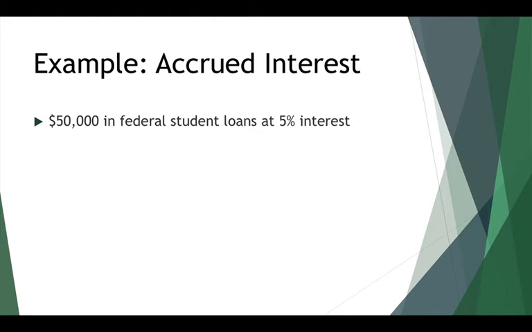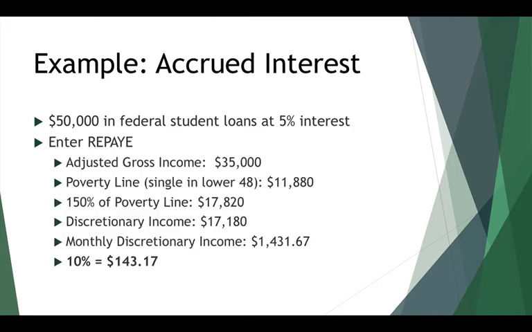Say you've got the same $50,000 in federal student loans, you're paying 5%. Let's also say that you've got an adjusted gross income of $35,000 and you enter Revised Pay As You Earn. Under Revised Pay As You Earn, your monthly payment is going to be 10% of your discretionary income, your minimum monthly payment, that is. That's calculated by taking the difference between your AGI and 150% of the poverty line in your area.